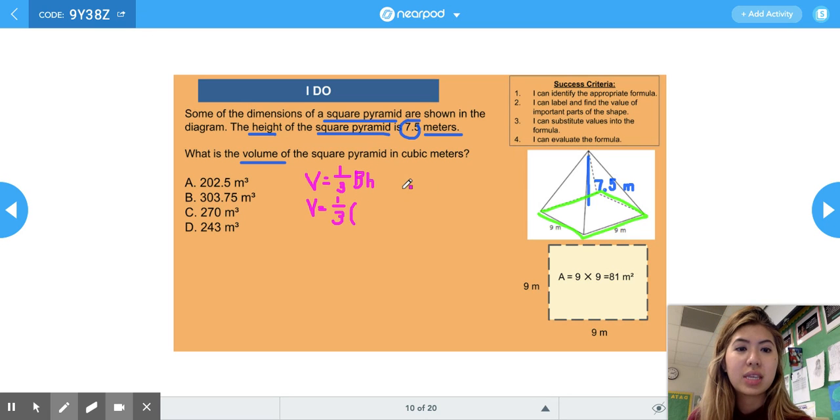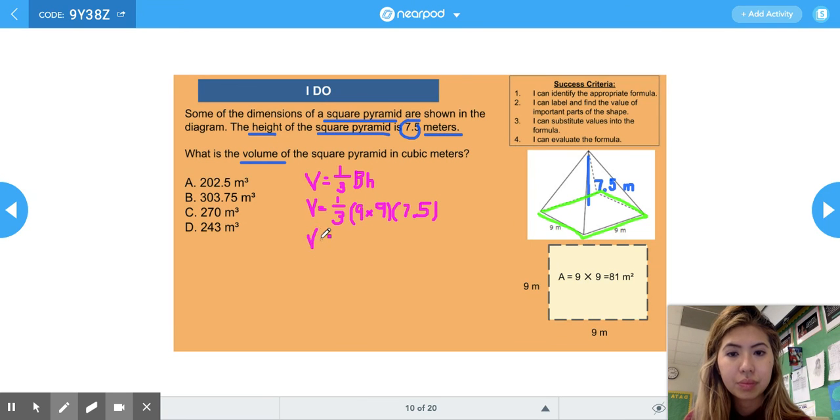So to find the base area, I multiplied the 9 times the 9, which gave me 81. And then I have to multiply the 81 by 7.5, which is the height of the pyramid. Once I do that, I get 607.5.